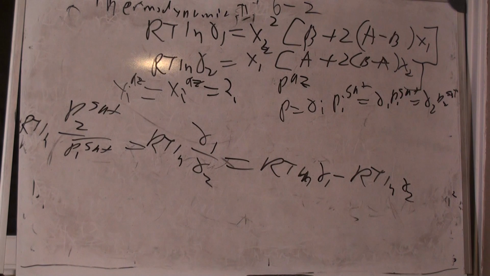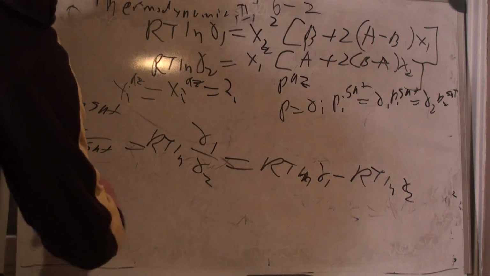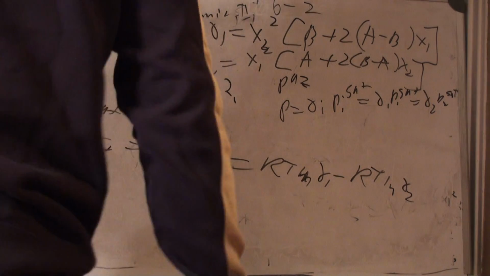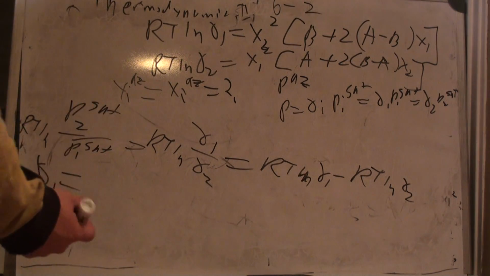I know P_2 sat and P_1 sat, and I know T and I know R. So I can just say that that's all a constant, equal to kappa 1. Then let's plug in our expressions and distribute some of that math out.